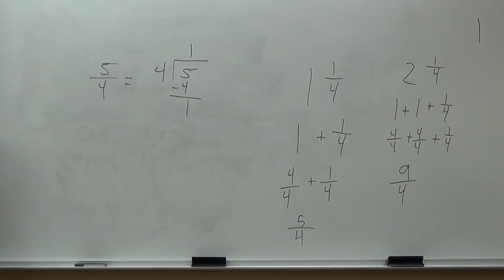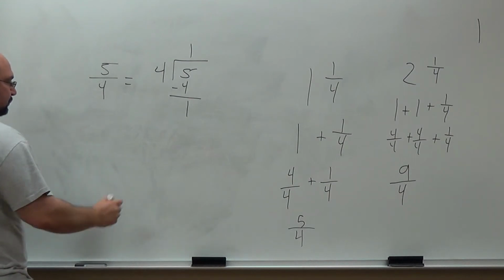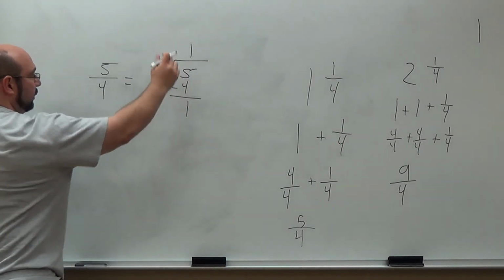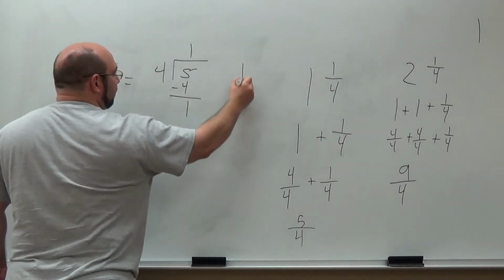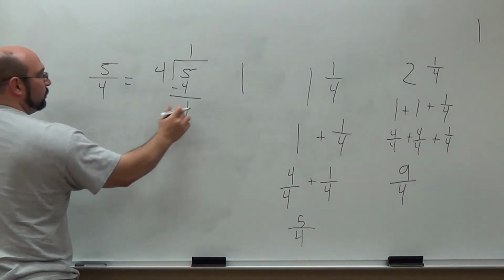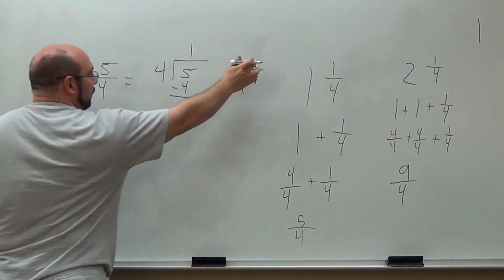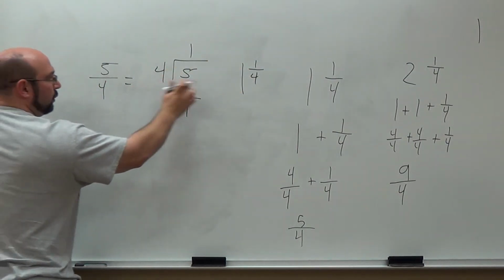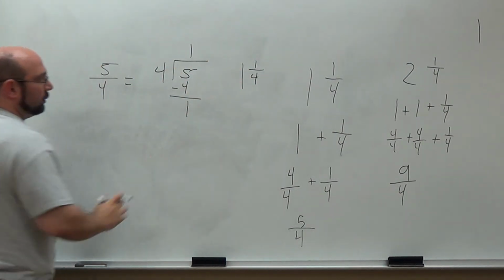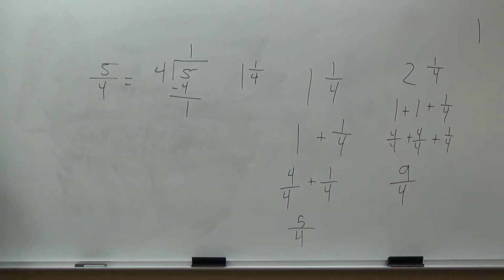So this 1 comes out front. The remainder 1 is my numerator, and the 4 here becomes my denominator. Is everybody with me on that? Does anybody have any questions?